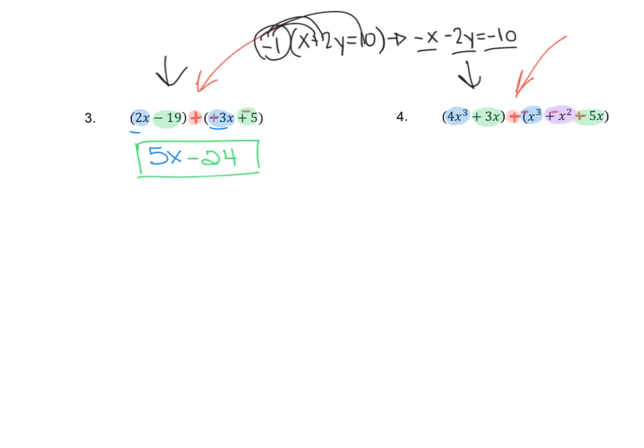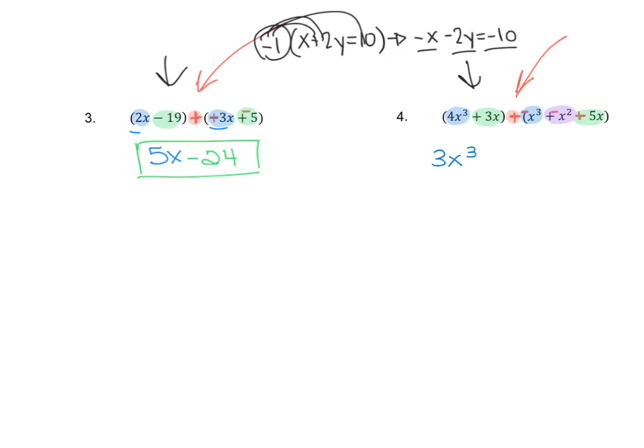So 4x to the third minus an x to the third, or I have $4 and I'm taking $1 away, I have 3x to the third. Now I actually switch to purple because I want to go in order with my exponents, so 3, 2, 1, 0. So I'm going to jump to the purple, even though the next thing in my first parenthesis is green.